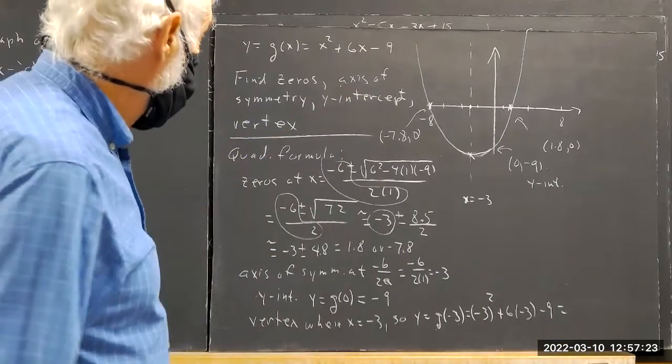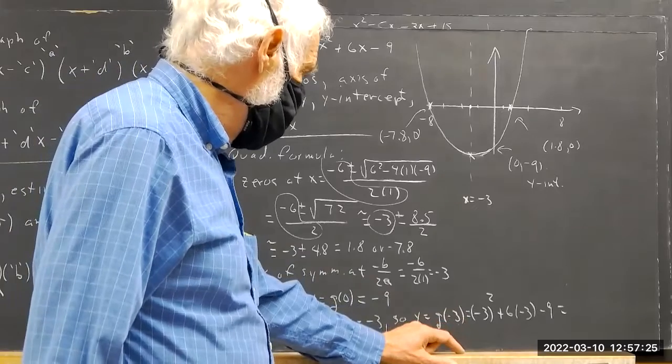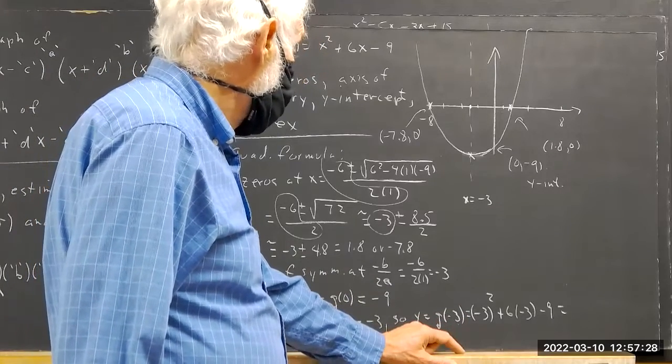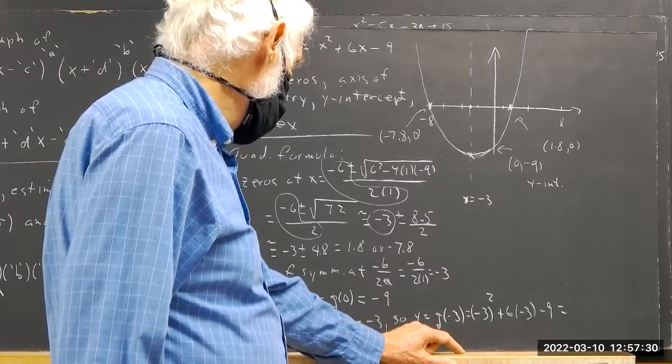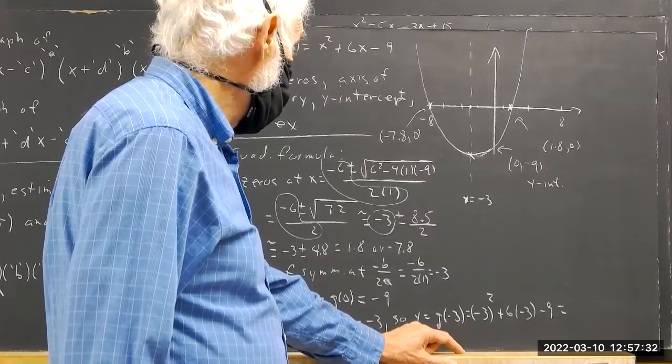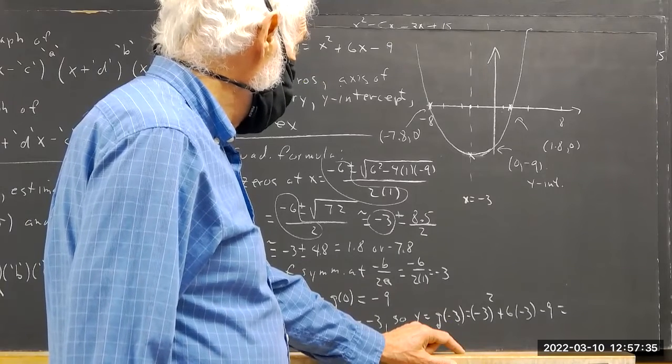We plug negative 3 in here. It's going to give us 9, negative 18, and negative 9. Makes me wonder if I got my intercept right.